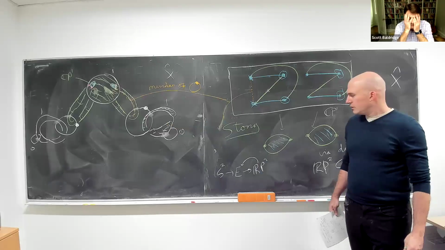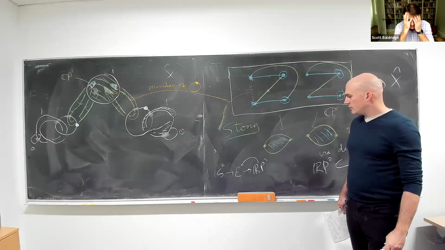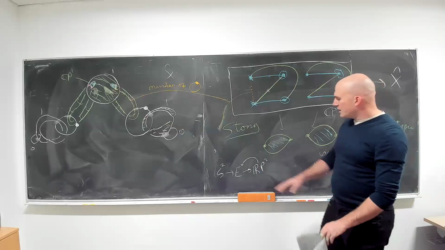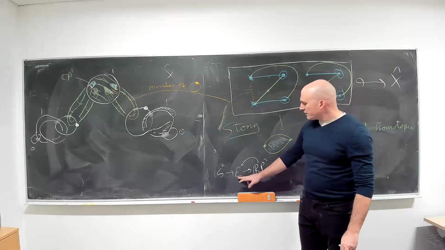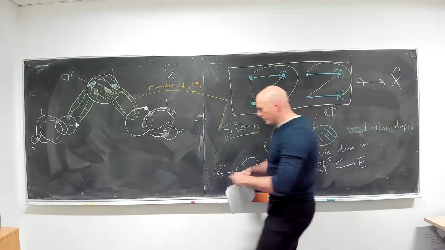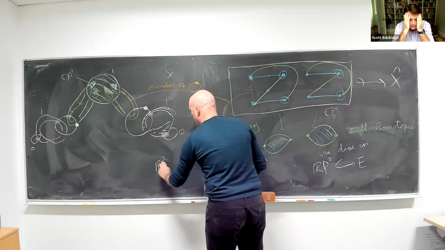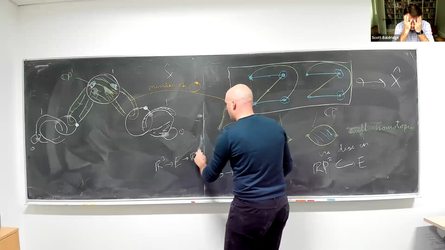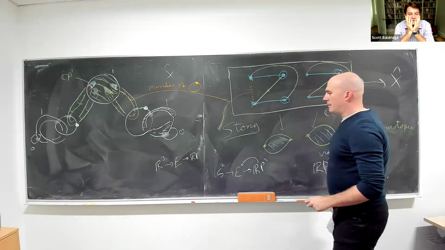Do you mean thinking of E as a complex two-dimensional line bundle that has a section? I would think of this, it's quite helpful to think of this as an R3 bundle. R3 bundle, yeah, sorry. And then you're finding a section of that.